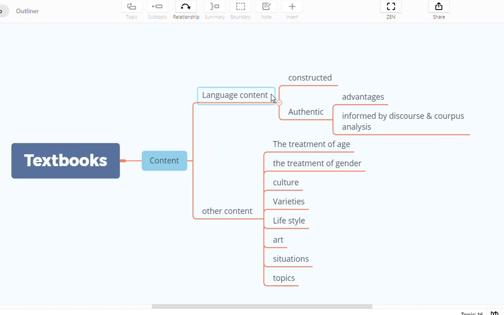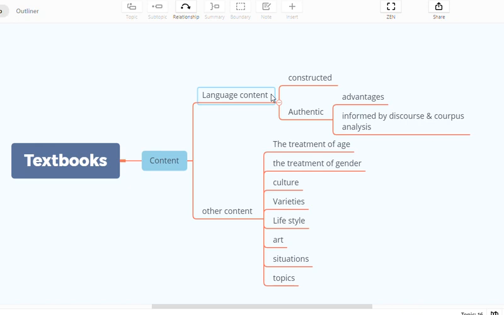So one of the aspects which determines the significance and centrality of the textbooks is the content it carries, because the textbooks are for teaching and learning a language. Half of the content, or the main part of the content, is language.